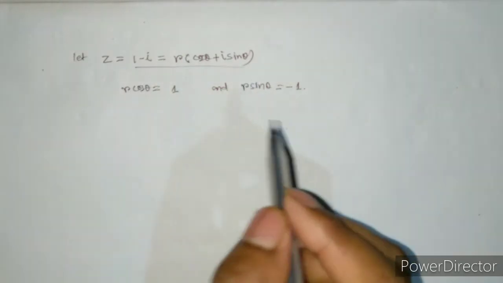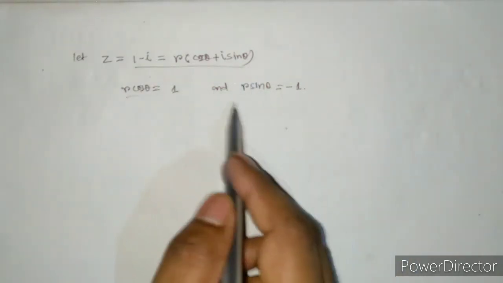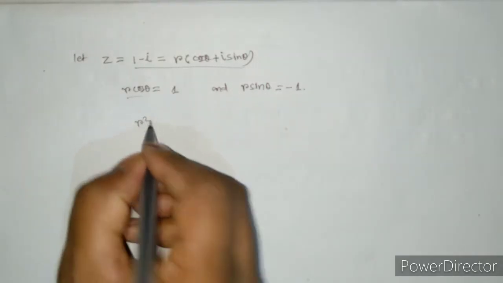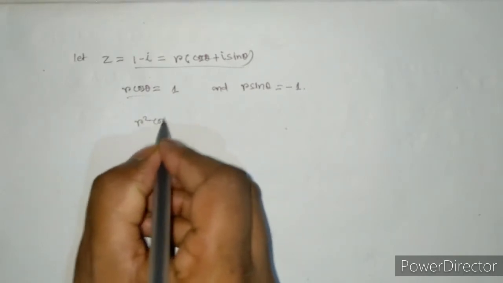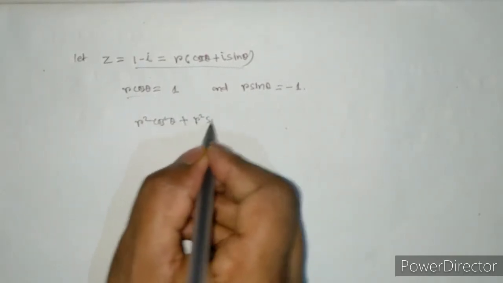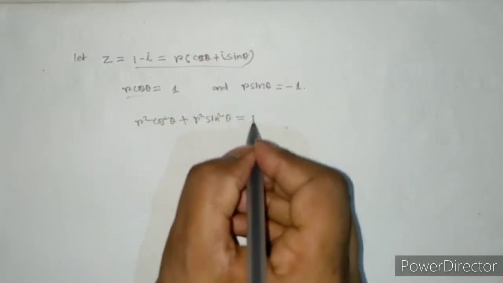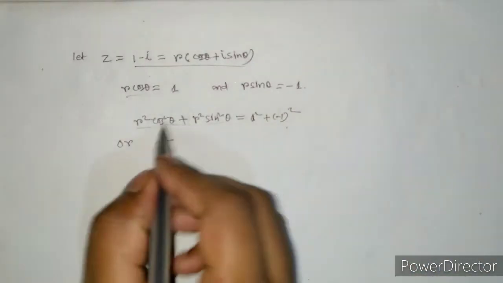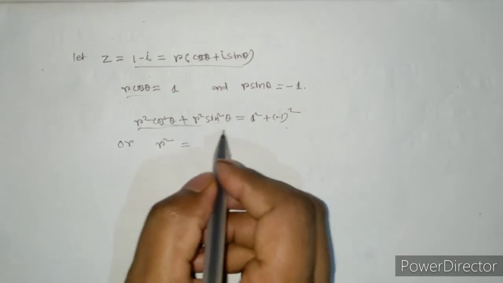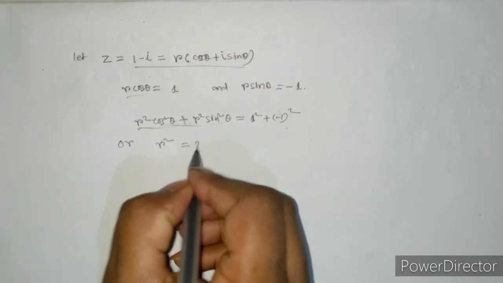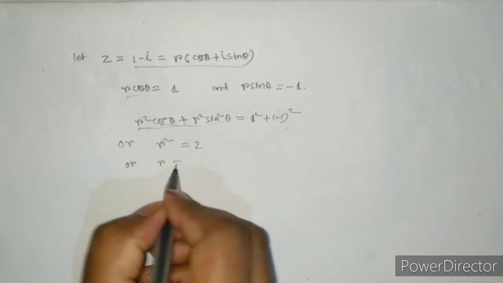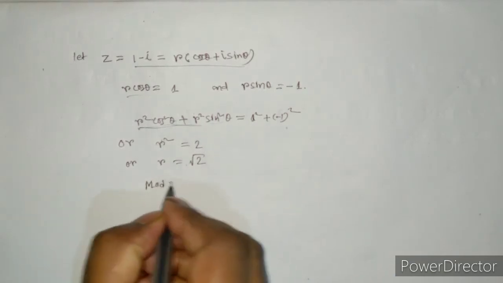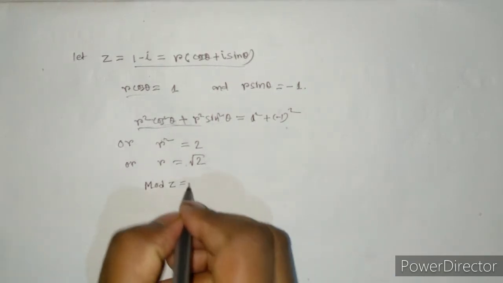Squaring both sides of these equations and adding them, we get r square cos square theta plus r square sin square theta equals 1 square plus minus 1 square, and so r square equals 2, or r equals root 2. So mod z equals root 2.